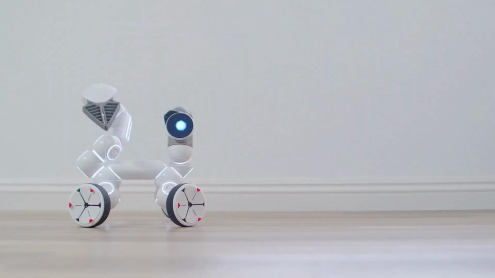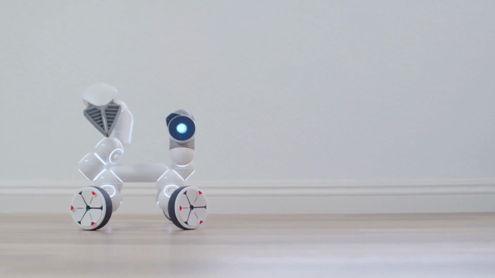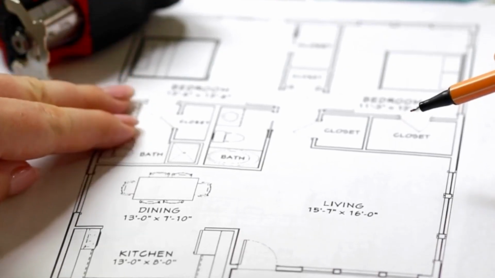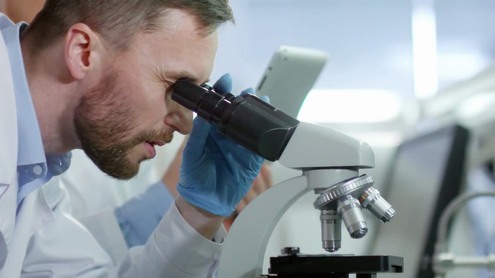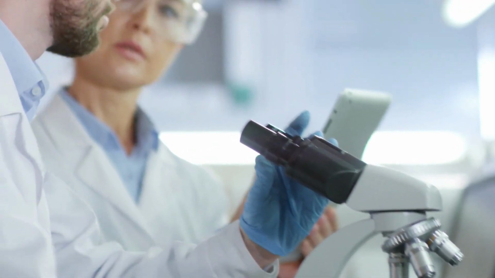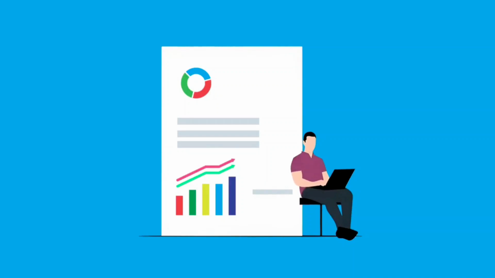In robotics, it helps machines understand position, movement, and direction. Engineers use it to design buildings, bridges, aircraft, and electrical systems. Scientists use it to analyze experiments, while economists use it to model financial systems. As you can see, linear algebra is much more than a university subject. It is one of the mathematical foundations of the modern world.